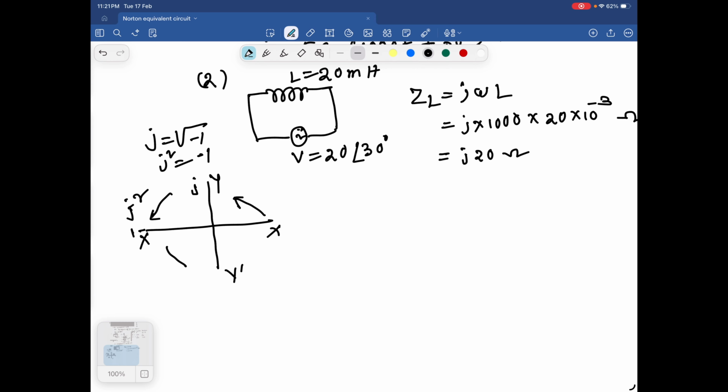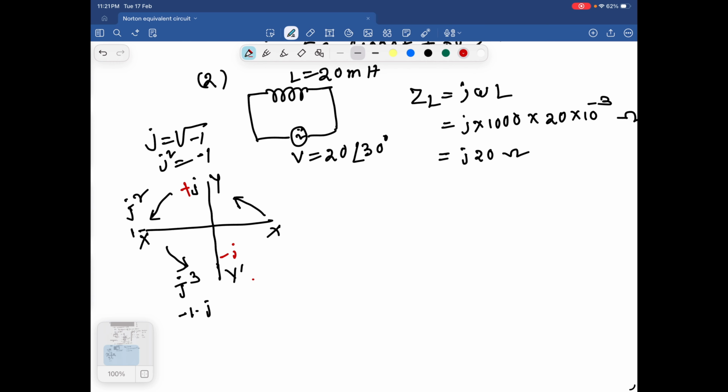Now you multiply j square with another j. So this is j cube. Here it is minus 1 into j, so in this direction it is minus j. Here it is plus j, this is minus j.